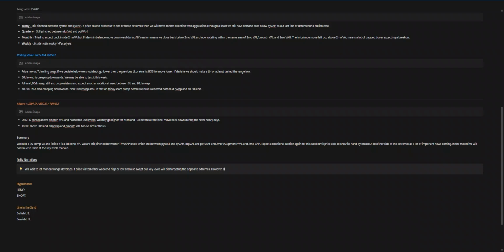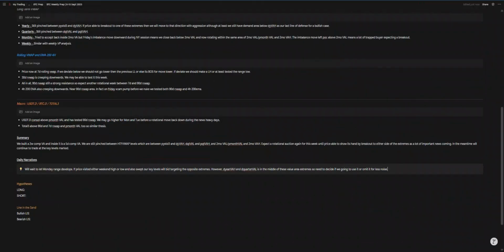However, developing year value area high, need to decide if we are going to use it or omit it for less noise.